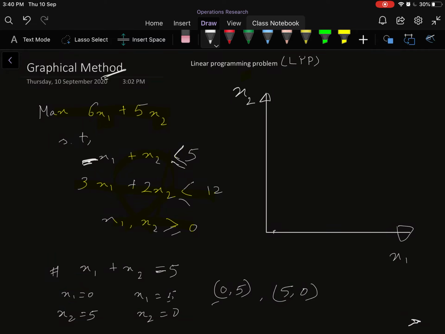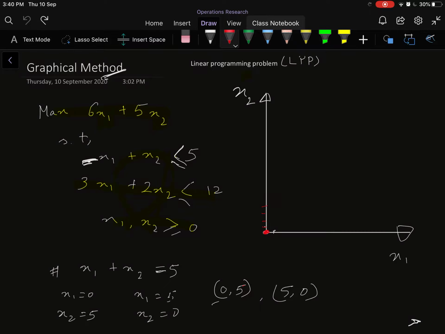So first plot this 0 comma 5: in the x direction we need to move 0 points, that is, we would be focusing mainly on this origin. Then the value 5 would be 1 2 3 4 5.